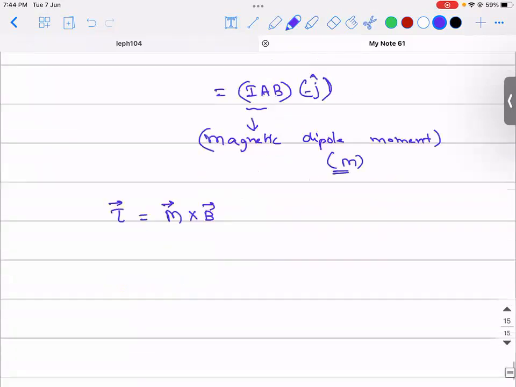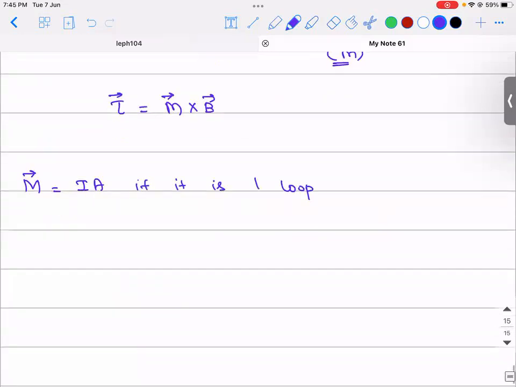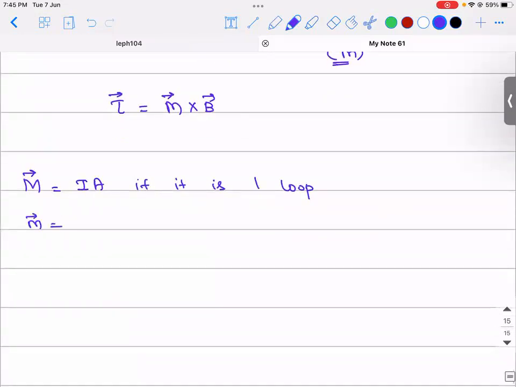Now see, M vector can be defined as the product of current and A if it is one loop. The same M vector can be written as Ni into A if it has N loops, where N is the number of turns.